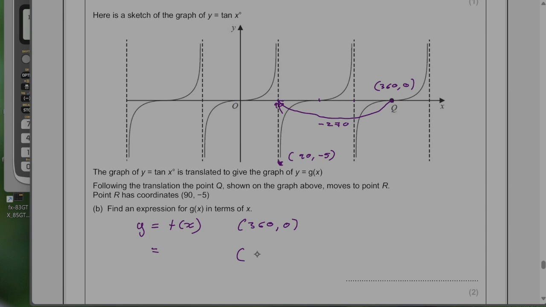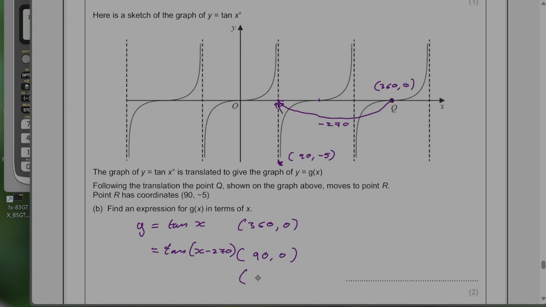So if I've gone from there to 90 comma 0, that would be g of x, so that would become tan of x minus 270.